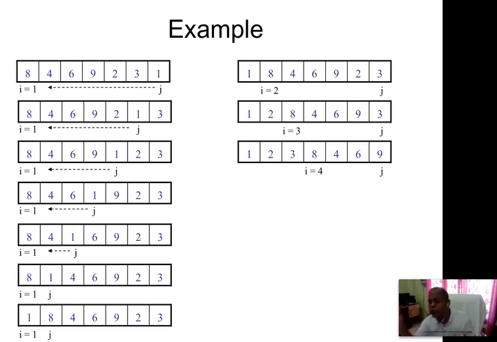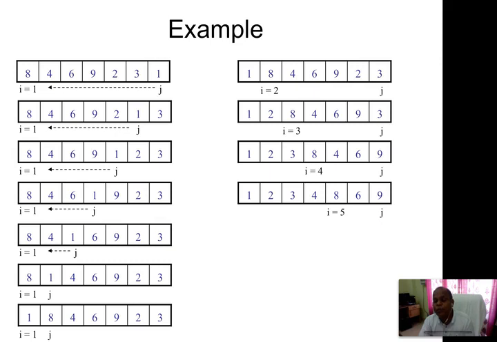Whichever is smaller moves towards the left. If the right-hand element is smaller, then you exchange. Then the second comparison is done between the n minus 1 index and the n minus 2 index, and if they are out of order, again you shift it.